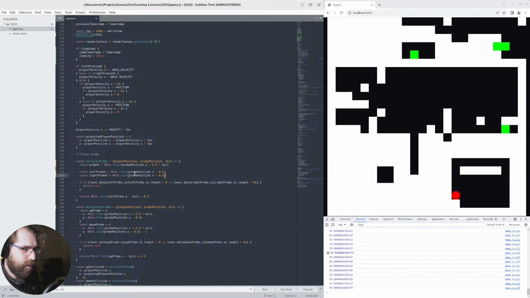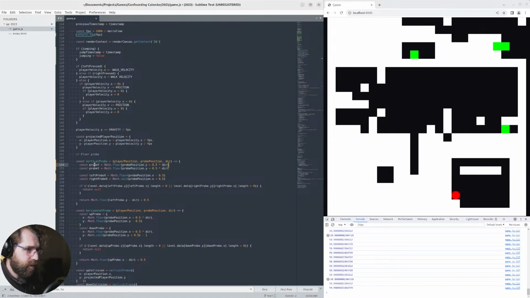Then we loop from start Y, sorry, is going to be player position Y. Why is there the 0.5? Oh, because the probes are offset slightly. That's fine.